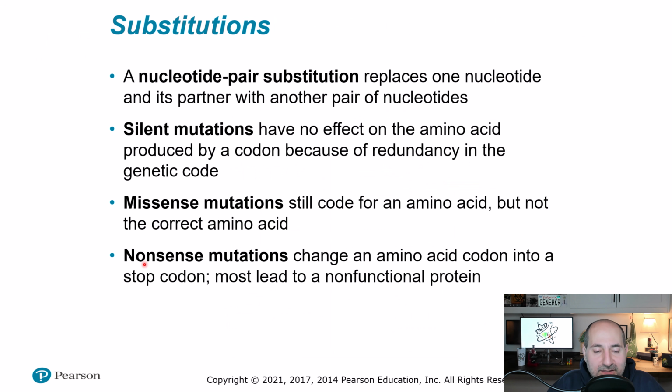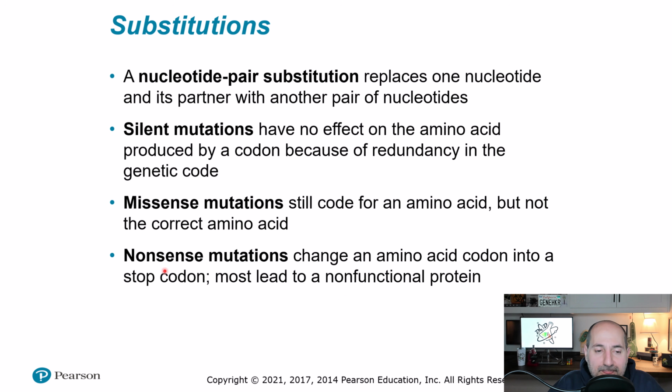Now, lastly, what is a nonsense mutation? This is a scary one, okay? This is when you change an amino acid codon into a stop codon. This is really bad because usually this leads to a non-functional protein.